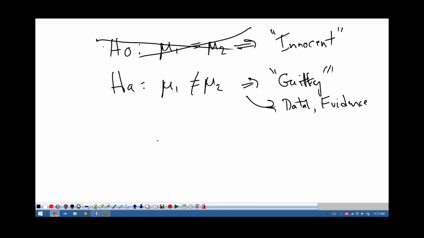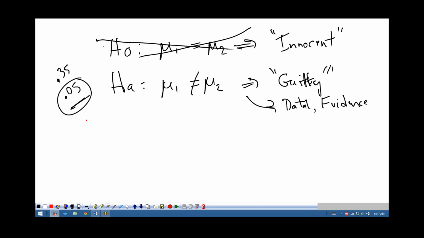Okay, so if we have a p-value of like 0.35, right, which is not low. Low, does anybody remember what our number that we use for low was? 0.05. 0.05. Okay, that's low. Okay, 1 in 20. 1 in 20 chance is low.